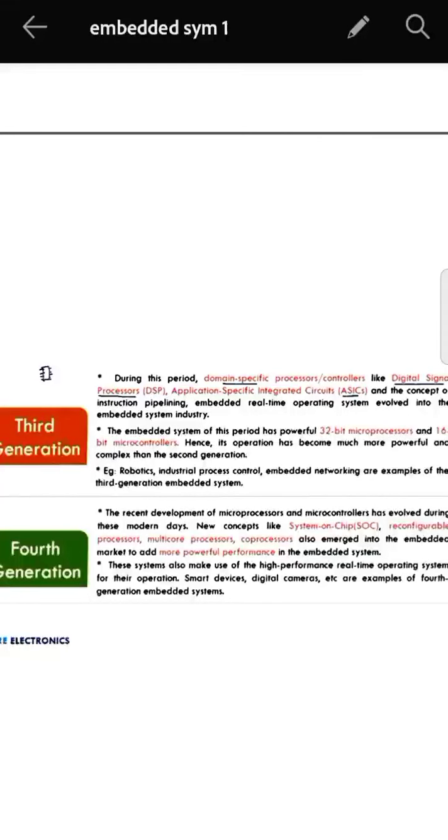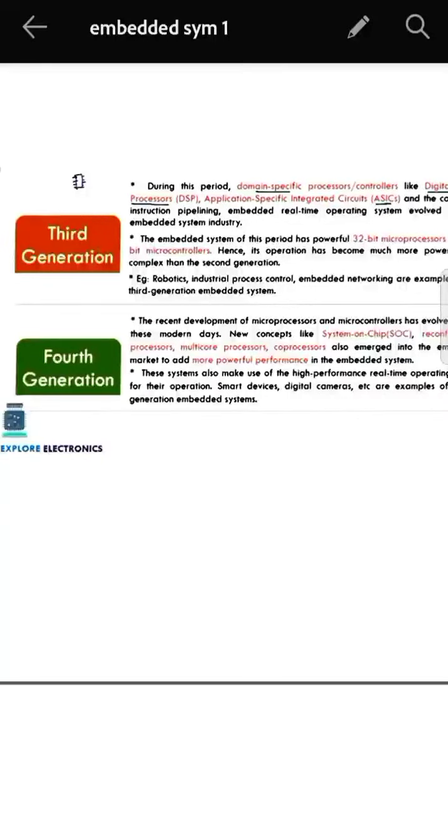In this also complexity increases and it is more powerful. Okay. These systems also make use of high performance real time operating systems. This generation system will use the high performance real time operating system.